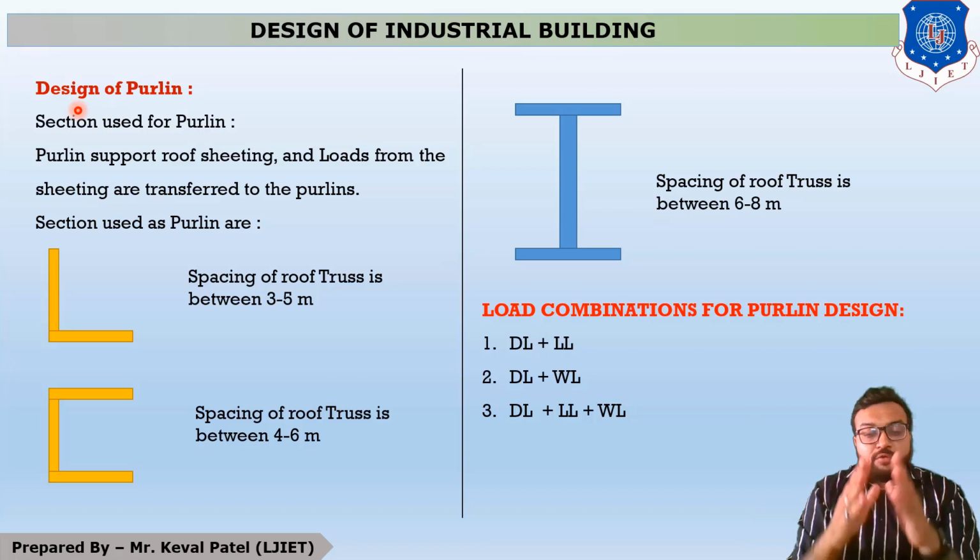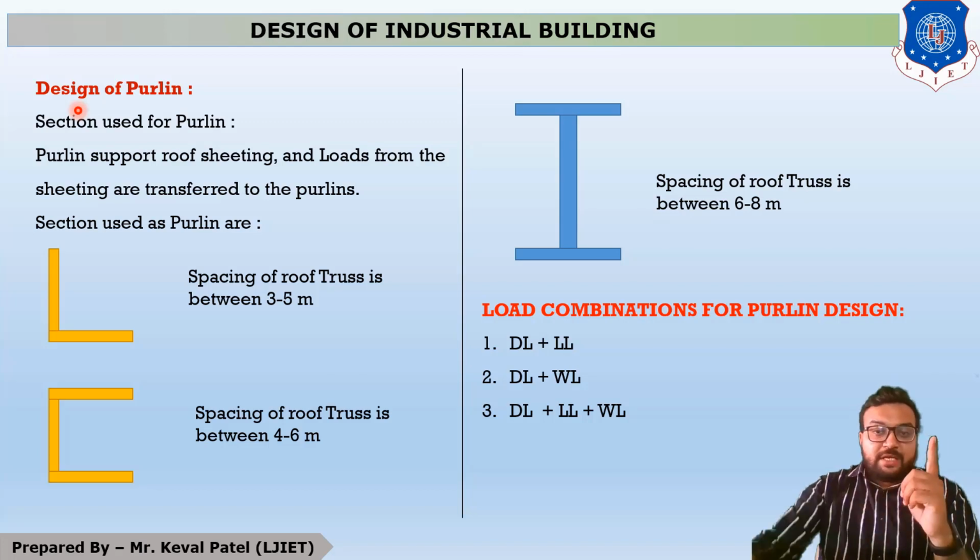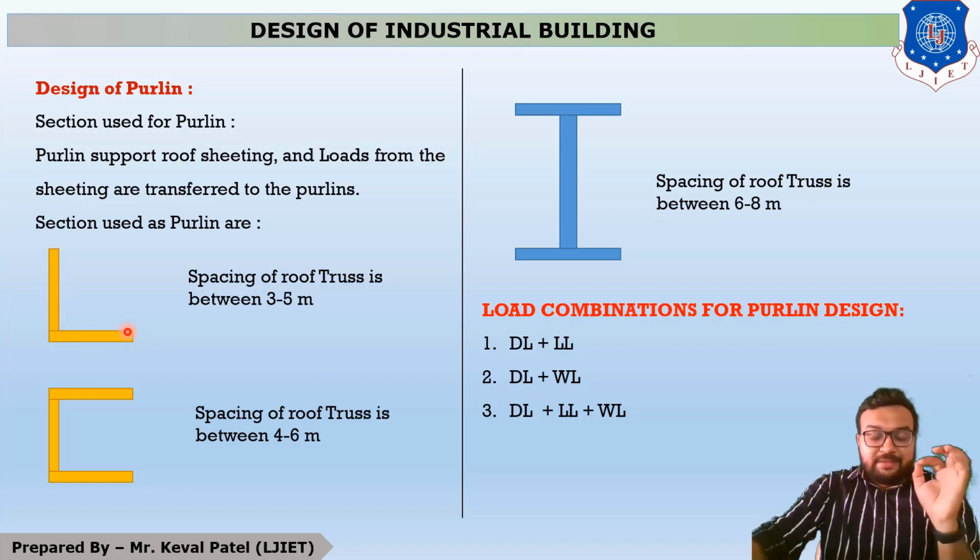Now, for purlin members, there are three types of sections. In the first type, the section is an angle section, and this angle section is generally useful when the spacing of roof truss is in the range of 3 to 5 meter. Our second is the channel section.